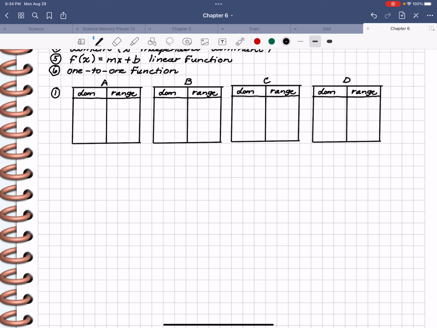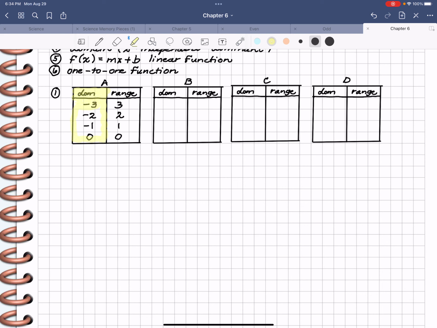And the values for A are -3, 3, -2, 2, -1, 1, and 0, 0. So if you want to know if you have a function, remember you look at the domain.